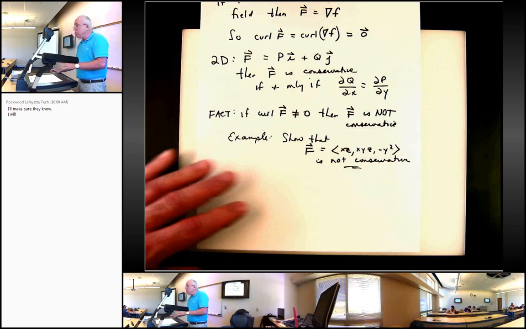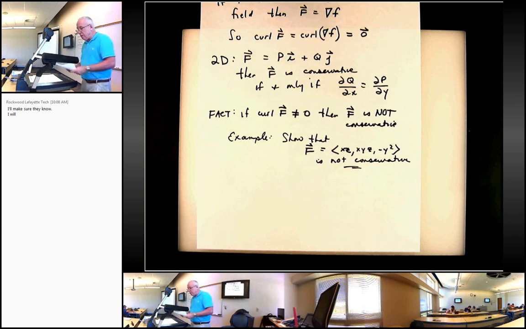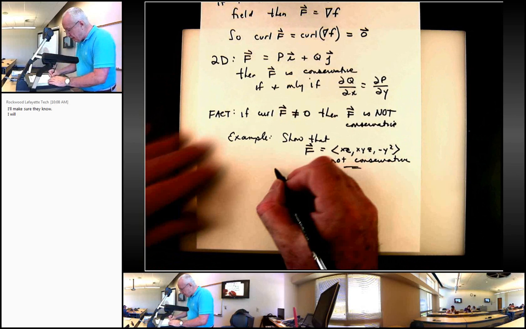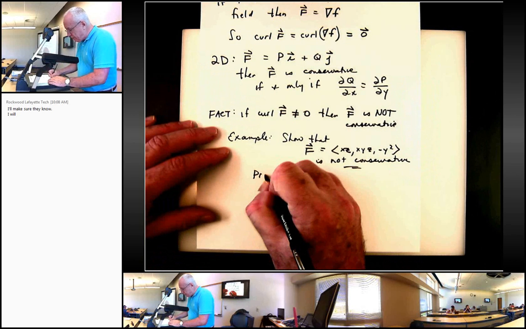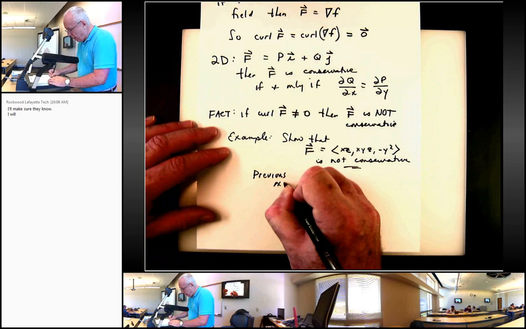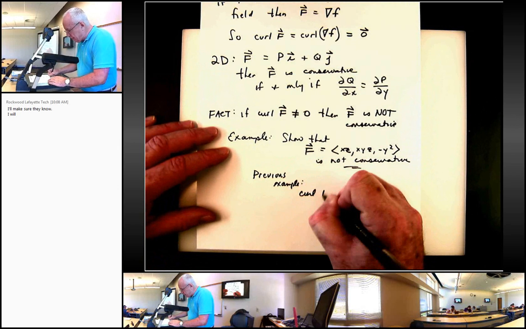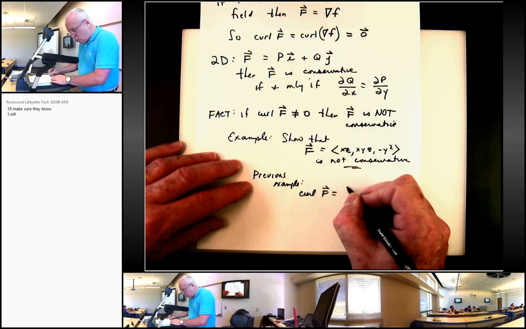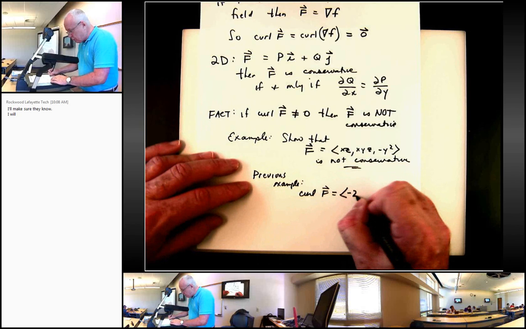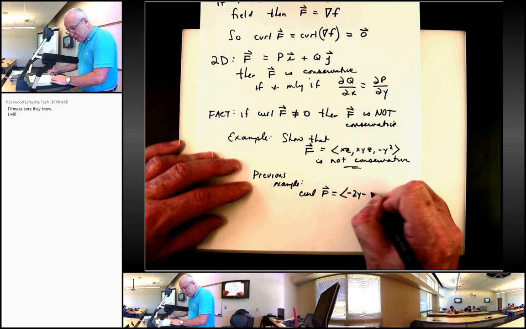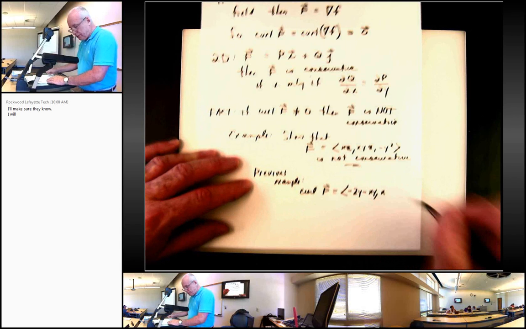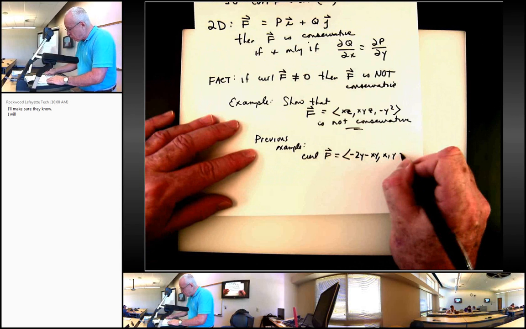Okay. Well, we just went through the example and found out from the previous example that the curl of this vector field was, what was it? First component minus 2y minus xy. Second component was x. Third component was yz.